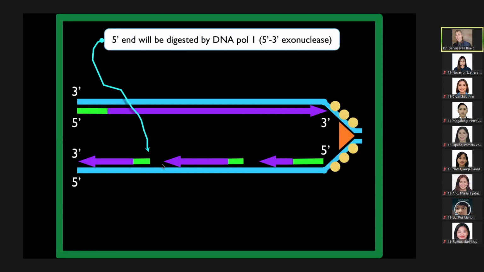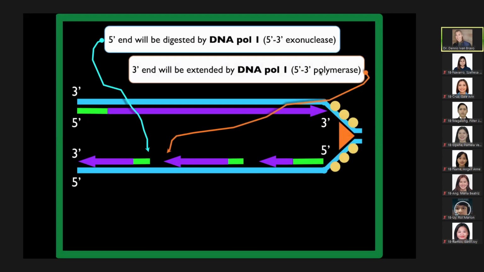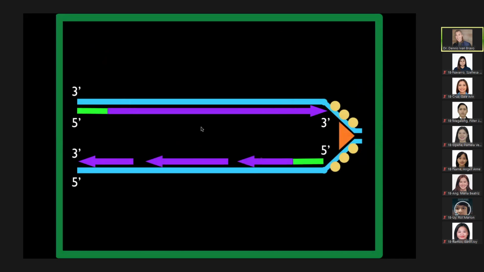So hindi yan pababayaan ng DNA polymerase 1. DNA polymerase 1 will target the 3' hydroxyl group here, and through its 5' to 3' polymerase enzymatic activity, it will incorporate nucleotides to the 3' end so that it can synthesize DNA. So habang tinatanggal niya yung primer, nagsisynthesize siya ng DNA.